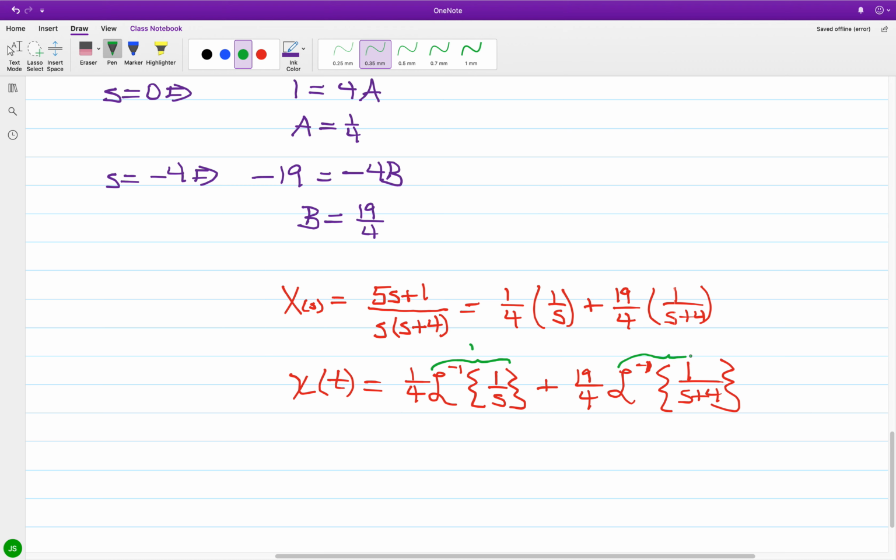The inverse Laplace transform of the reciprocal of s plus 4 is e to the -4t. And so for the final outcome, x of t is equal to 1/4 plus 19/4 of e to the -4t.